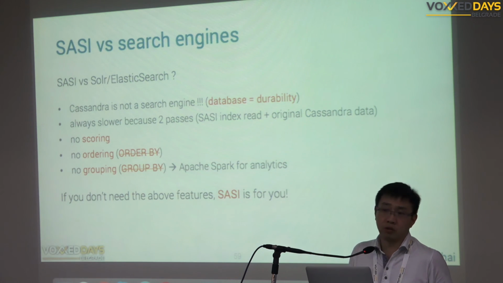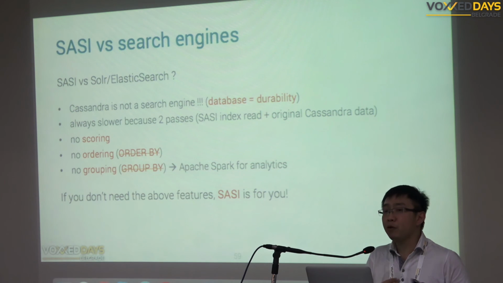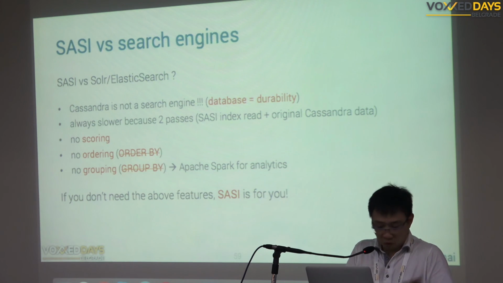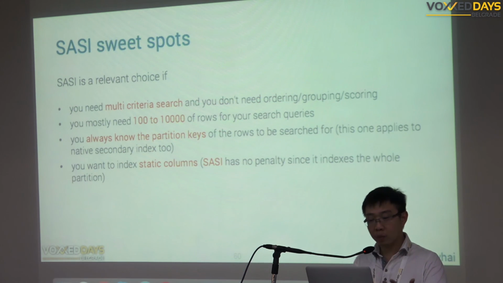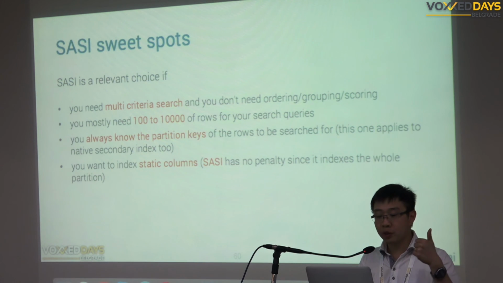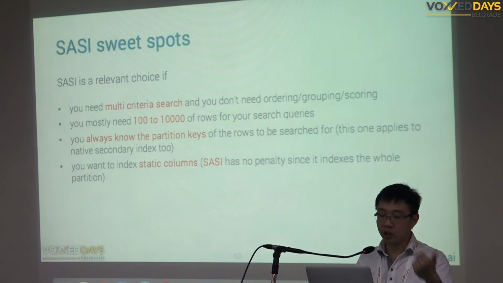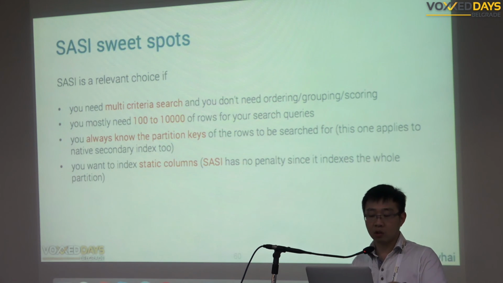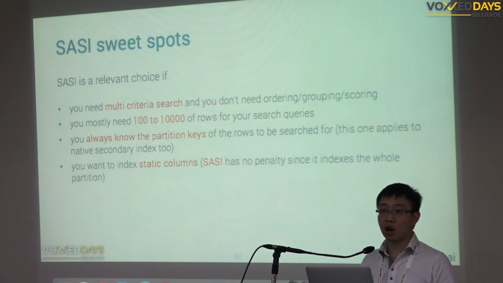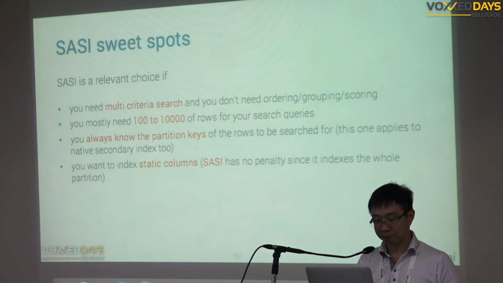So it is random order for you. If you don't need ordering or group by, okay, you can use SASI. So the sweet spot of SASI is if you need multi-criteria search and you don't need ordering, grouping, scoring. If you mostly need 100 to 10,000 rows and you don't want to fetch all of the data.